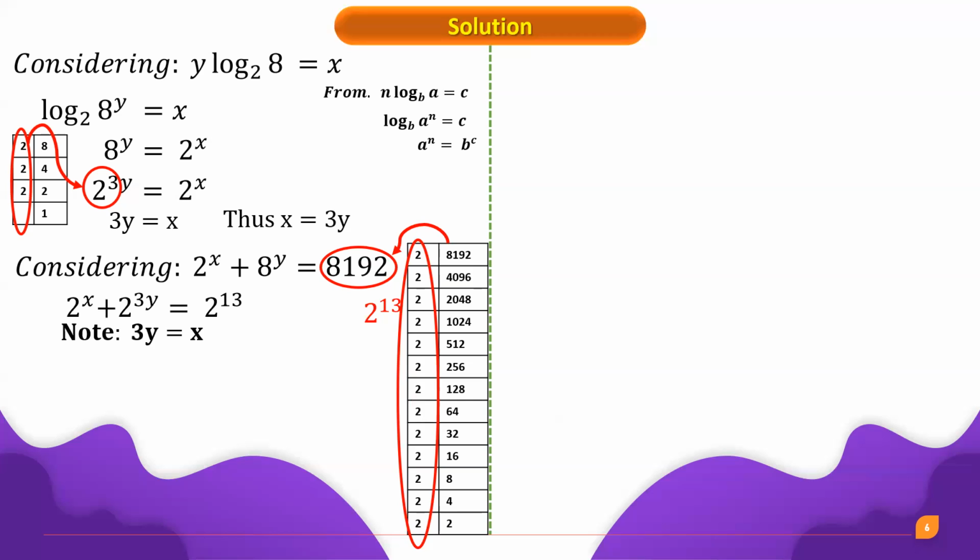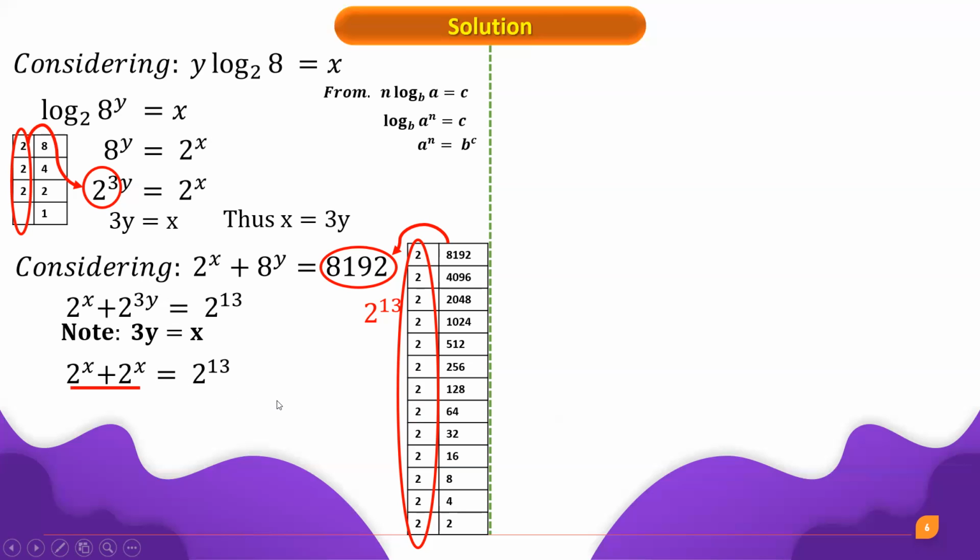When we continue, we got 3y is equal to x. By substituting where we have 3y, we shall put x there. As you are able to see here, where we have 3y in this equation, we substitute it for x, then we get 2 power x plus 2 power x is equal to 2 power 13.